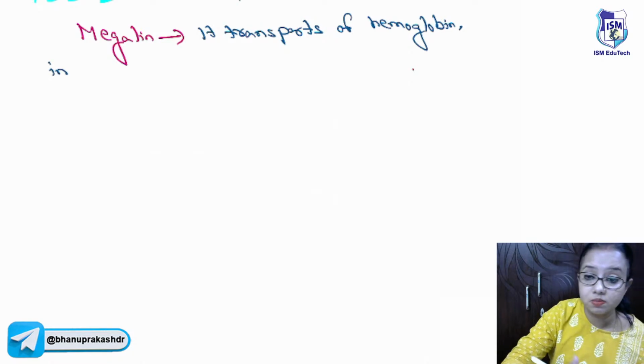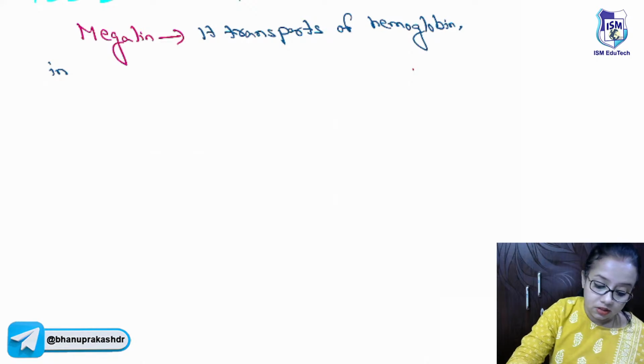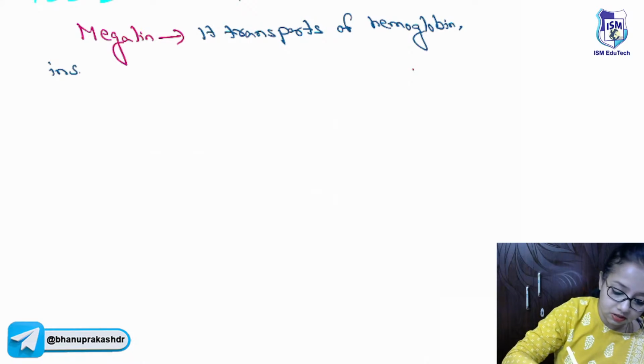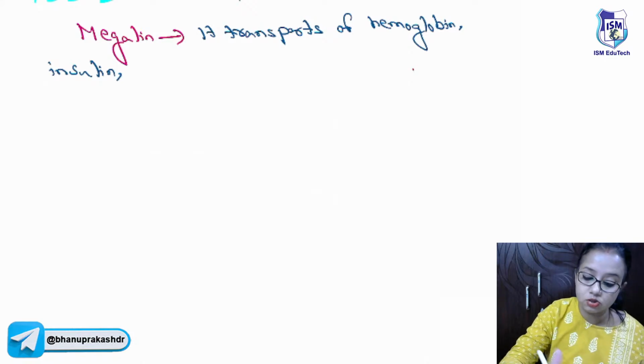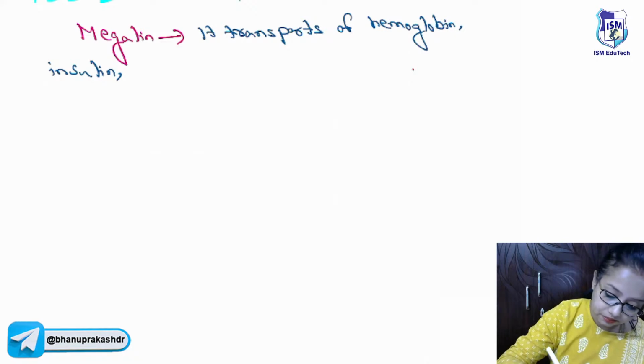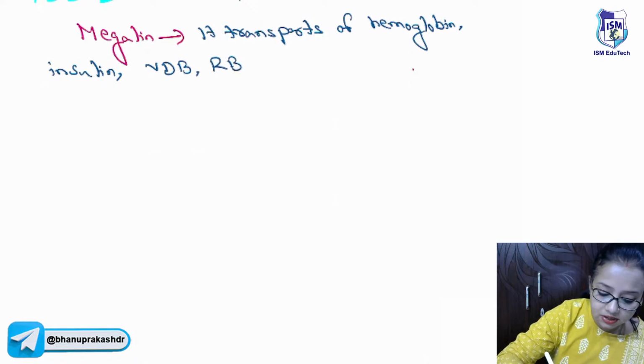These are all taking part in the process of endocytosis. Like what clathrin was doing, this megalin is doing for the transportation of hemoglobin, insulin. Just remember the different names because this all connects to various clinical conditions. Insulin, then vitamin D binding protein, then retinol binding protein, albumin, all this.